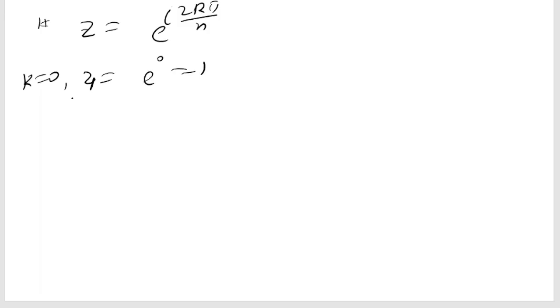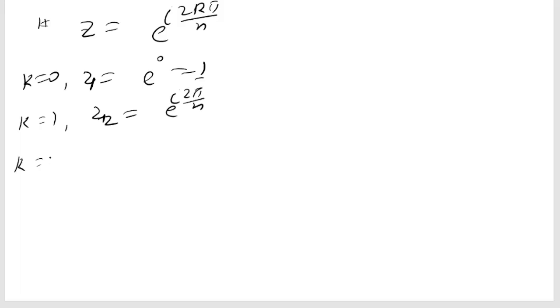So let's see. The nth root of unity is e to the power i 2 k pi by n. If I substitute k equal to 0, z1 is e to the power 0, which is equal to 1. If I take k equal to 1, the second root will be e to the power i 2 pi by n.